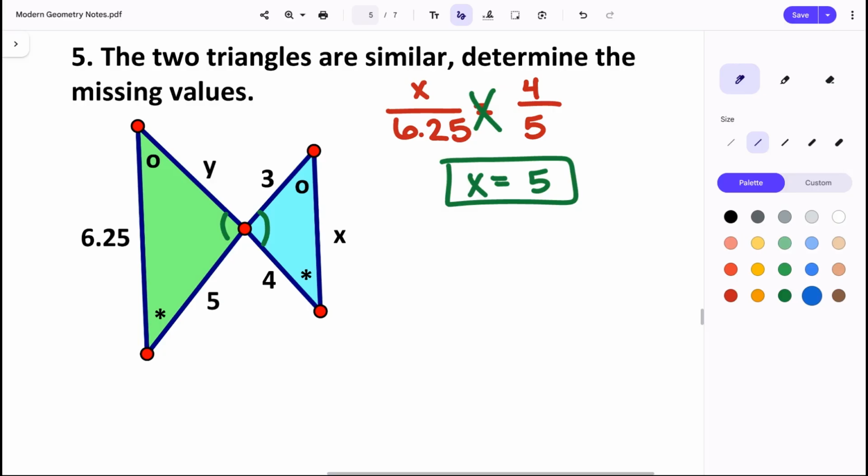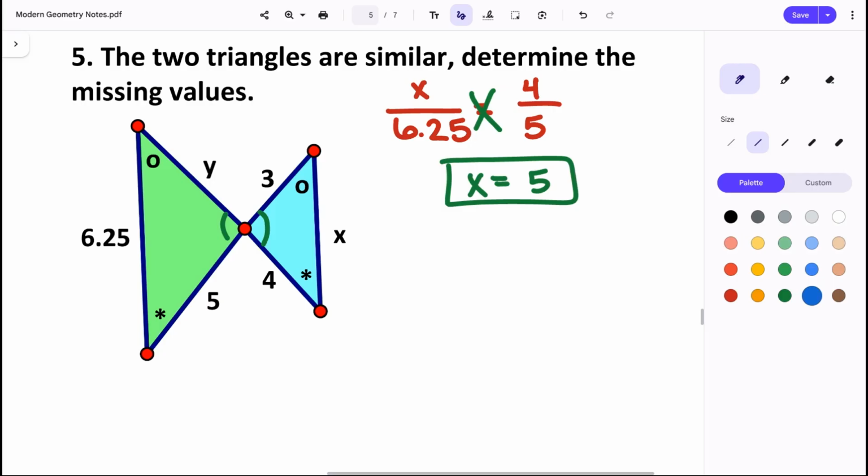Okay, y over 4. Well, let's just check that really quick. See how this has an open circle and we're talking about the vertical angle? So that should probably go with the 3 instead, because that's between the open and the vertical angle as well. So I think we want to put those together instead, and then that's just going to switch that side. But that's okay. Using those markings is going to help you make sure you put things in the right spot.